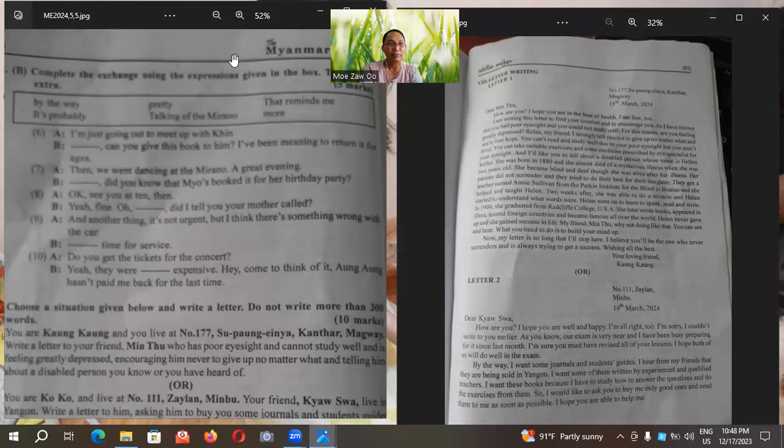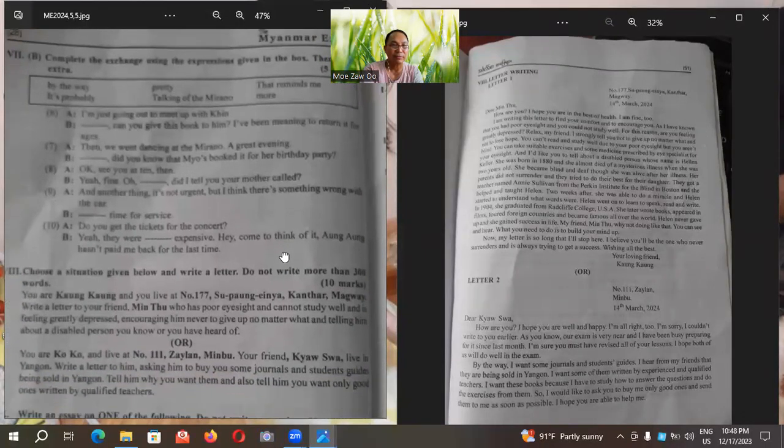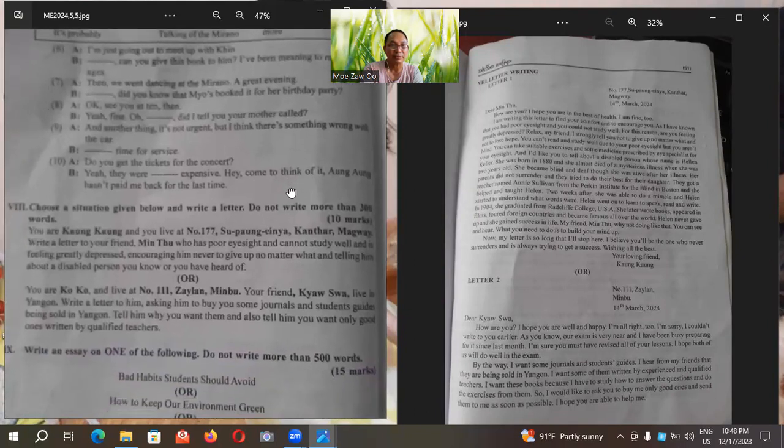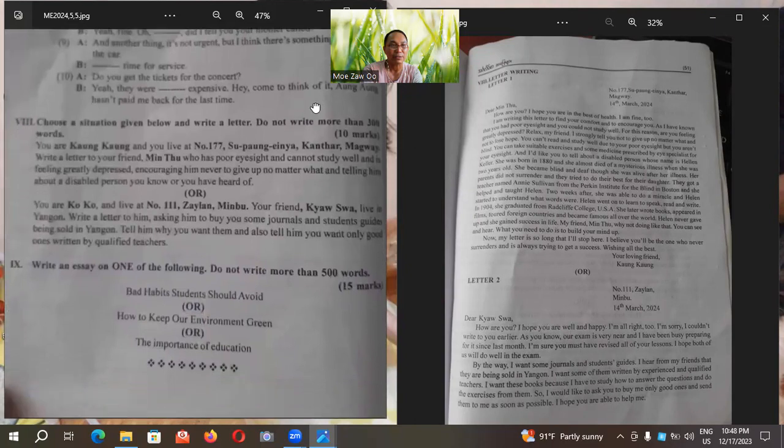Let us go to the writing part. Let us choose the situation given below and write a letter. Do not write more than 300 words. You are Kong Kong and you live at number 177, Supal Enya Gandhar Magui.